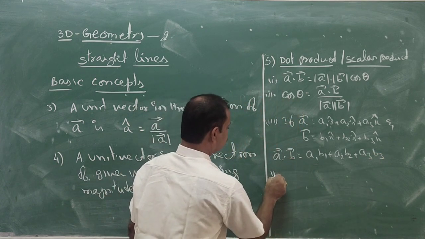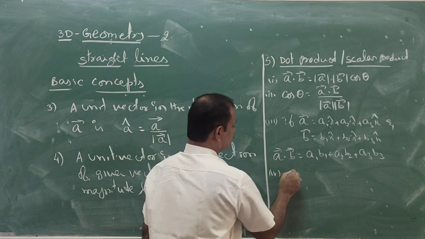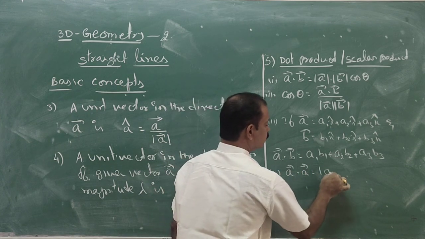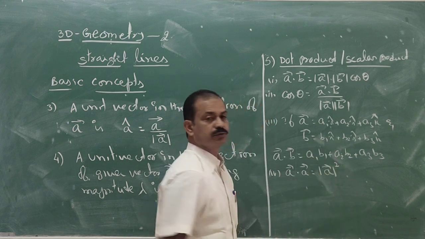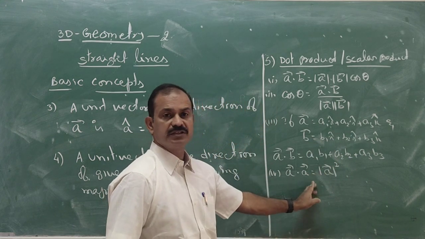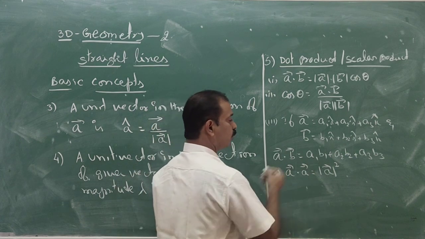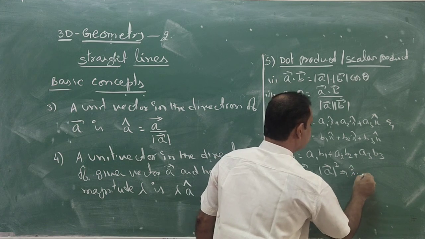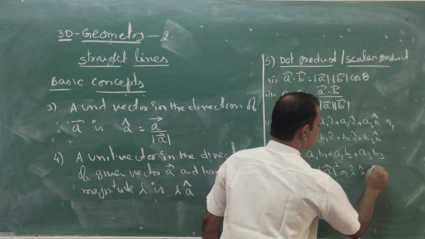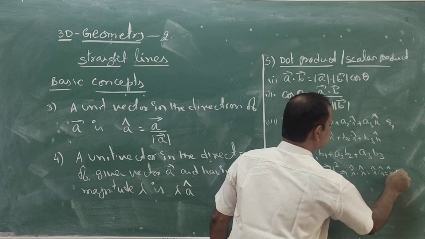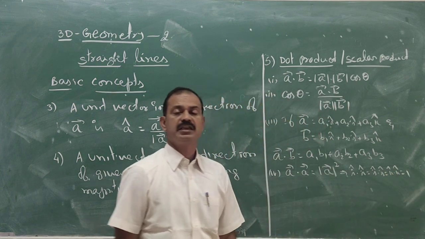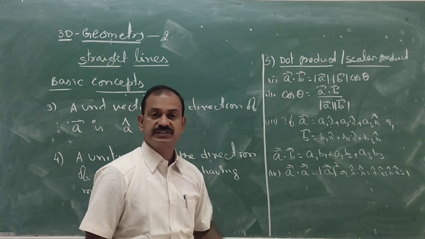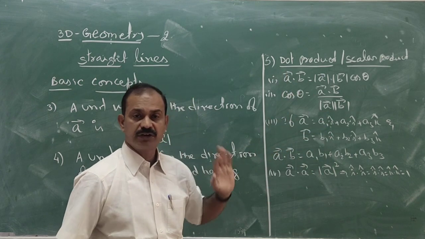Next, fourth one is A dot A is equals to magnitude of A squared. These are all we have seen already.